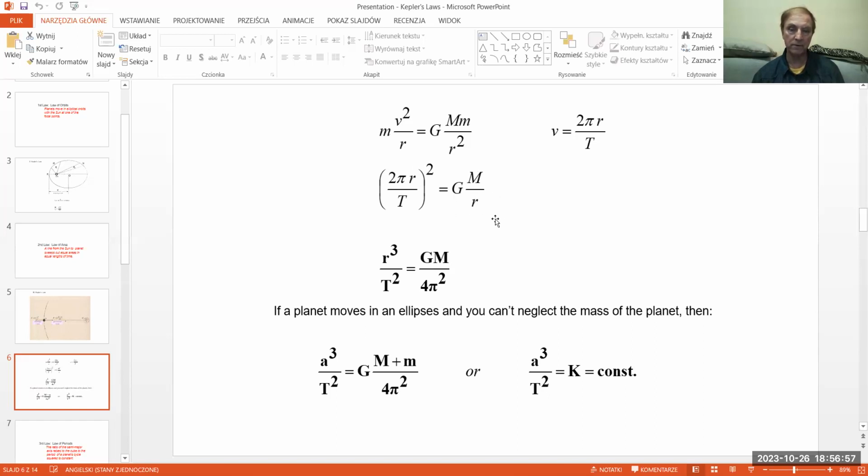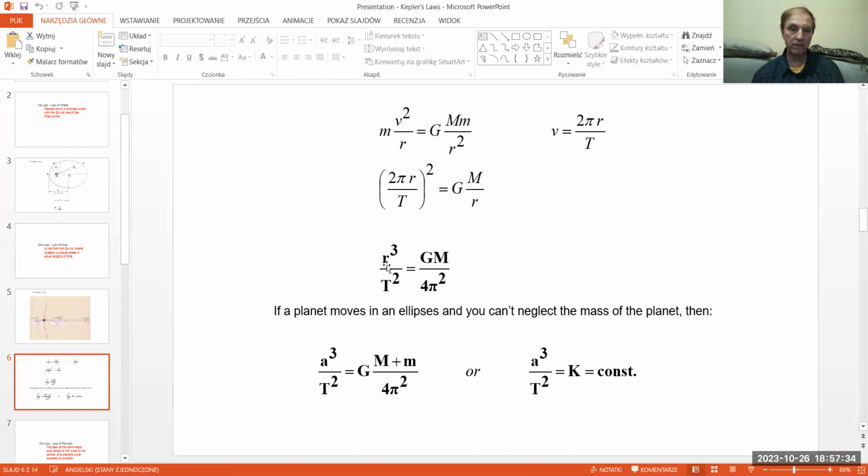Now let's rearrange this equation to get the radius and the period on the left-hand side and the rest on the right-hand side. With some very simple mathematical operations, you get this formula in bold letters: r cubed divided by T squared is equal to GM divided by 4 pi squared.